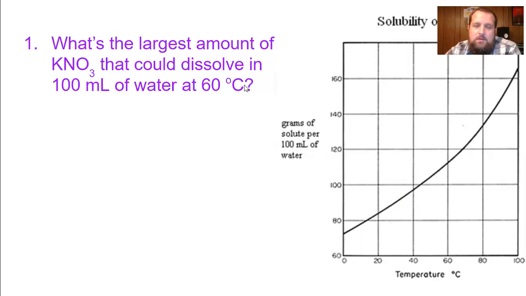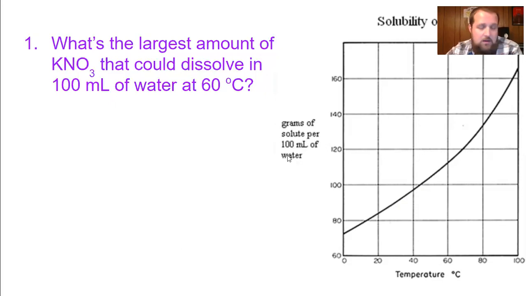60 degrees Celsius? So the first thing I want to point out to you, if you ever see something like 100 milliliters of water in the question, they're just telling you that you can use this graph or the reference table. Because if you notice the scale, it's grams of solute per 100 milliliters of water.